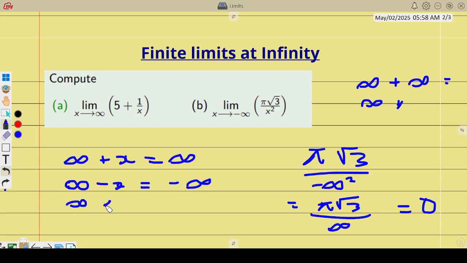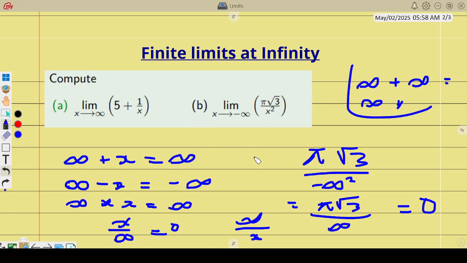Infinity times any number is infinity. If you divide any number by infinity, it is 0. And your question would be, what about infinity over any number? This will be 0. Take note of these, then we are good to go.